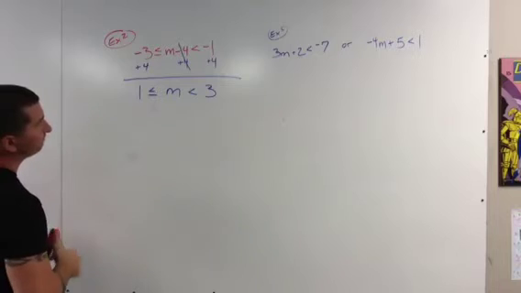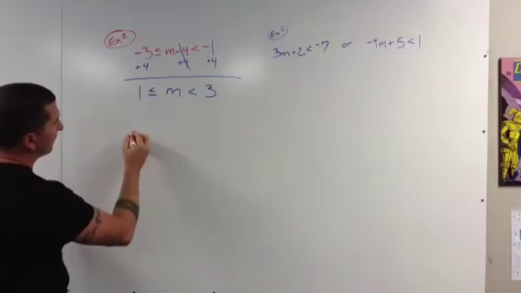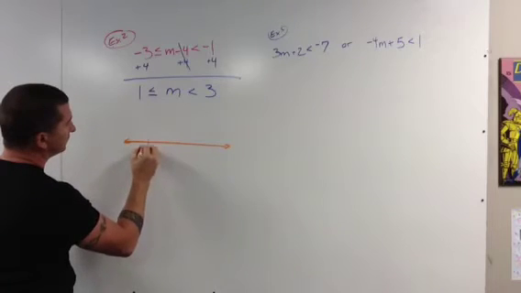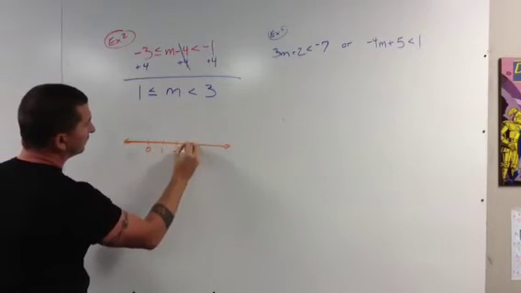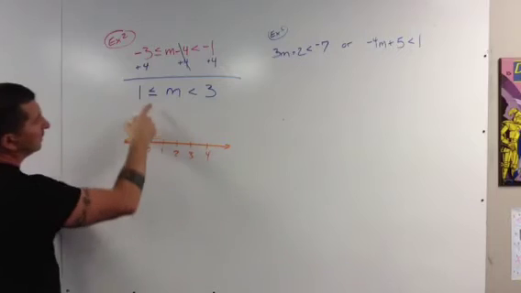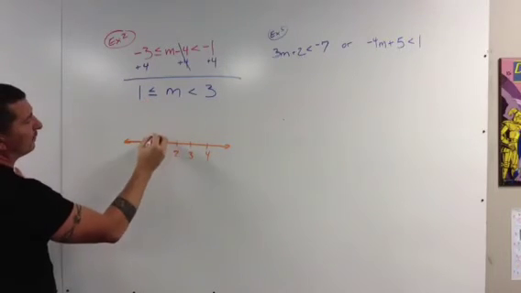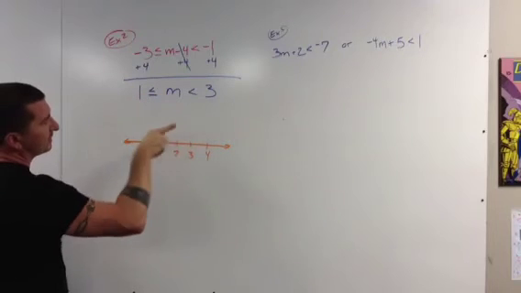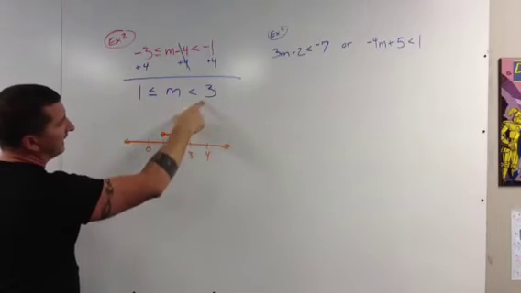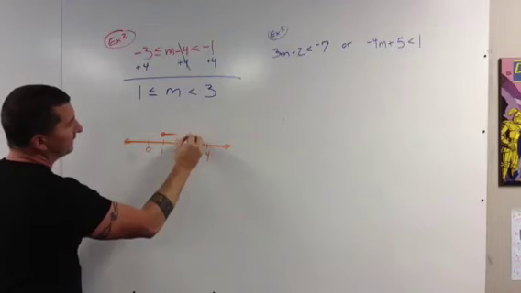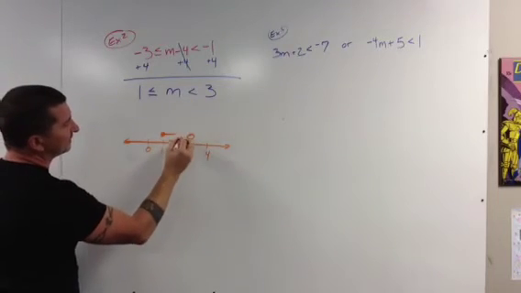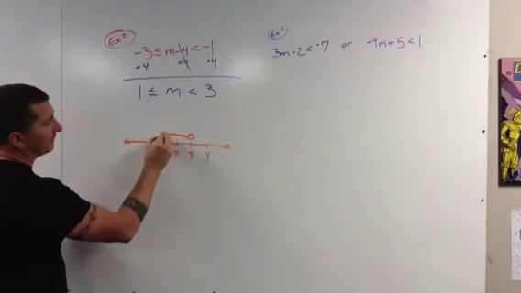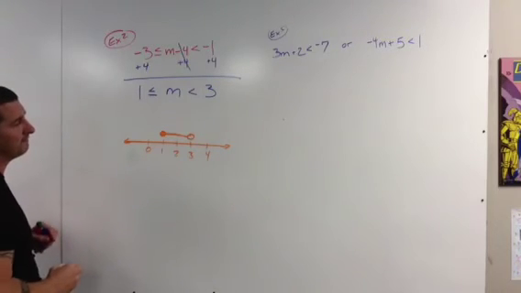Now to graph this, we have a closed circle at 1, and m is greater than 1, so it's going this way, and an open circle at 3, and m is less than 3. So that's what our graph looks like for this compound inequality.